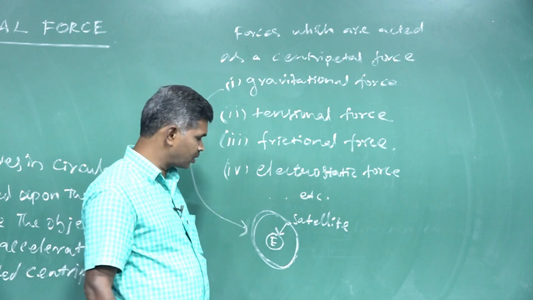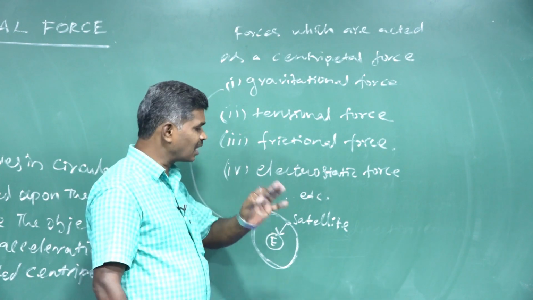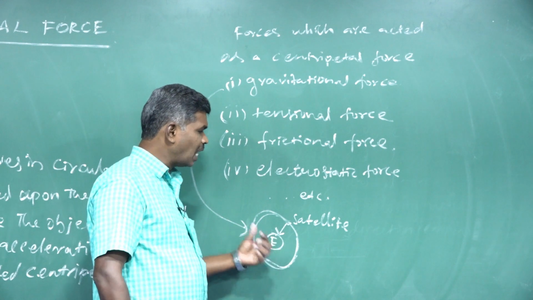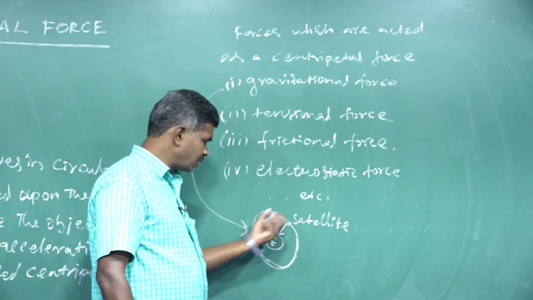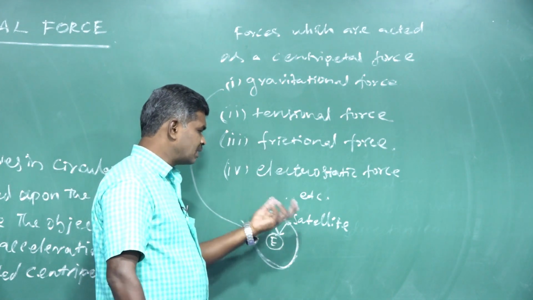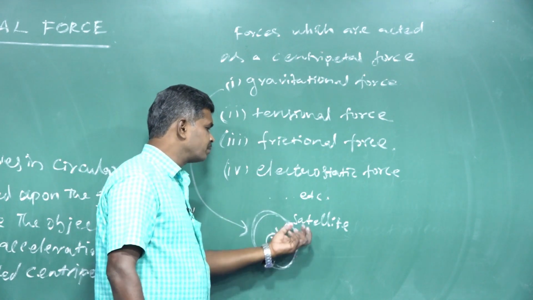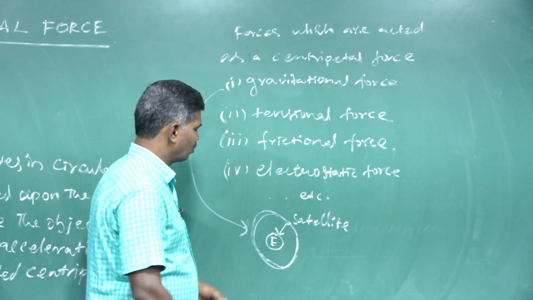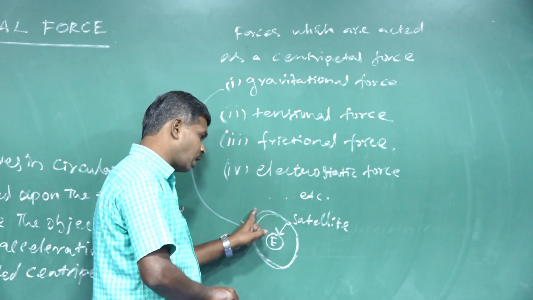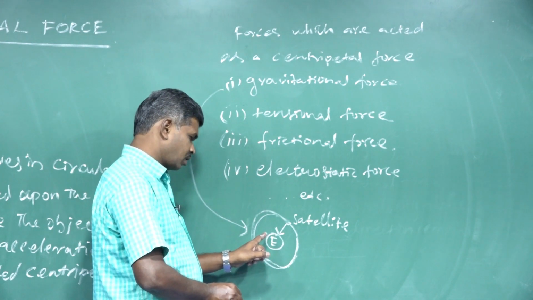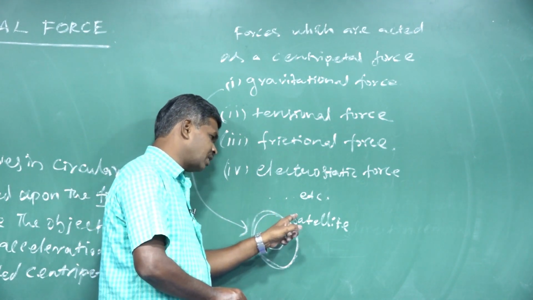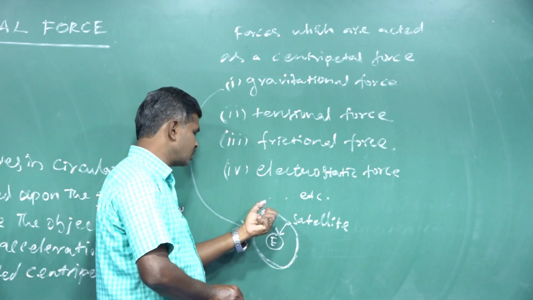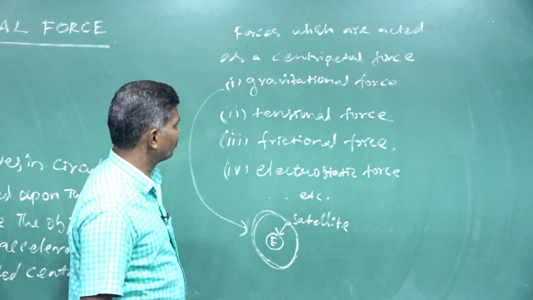That centripetal force is given by Earth's gravitational force. The Earth's gravitational force acts as a centripetal force on a satellite which moves in an orbit. So in this case, the satellite revolves around the earth, and the earth's gravitational force acts as a centripetal force.